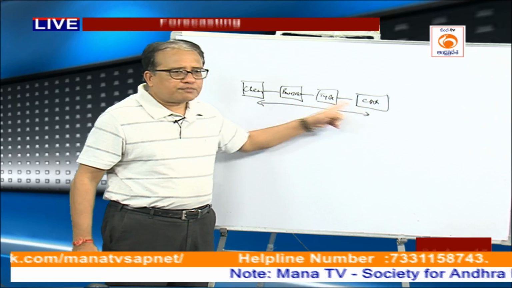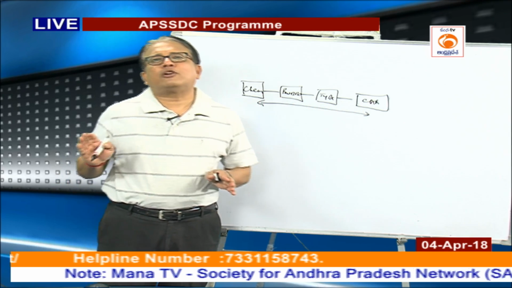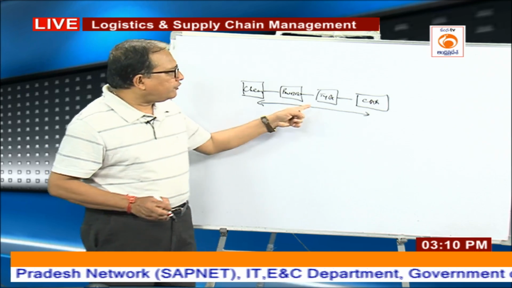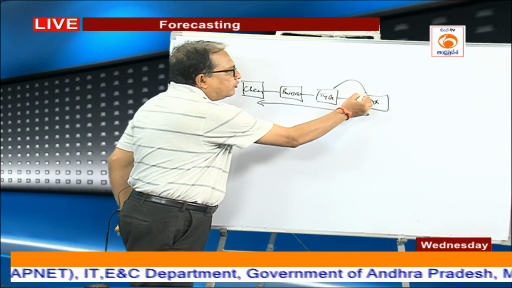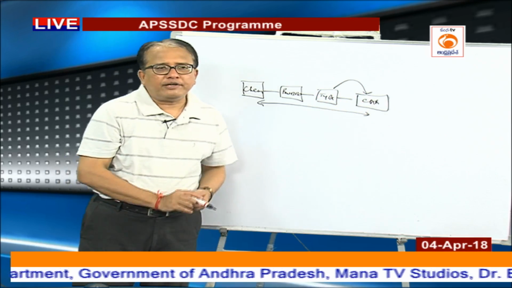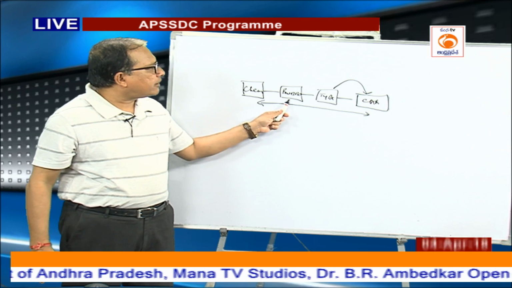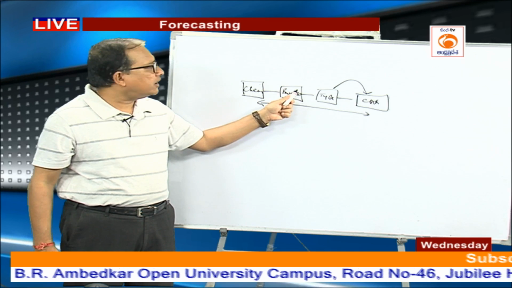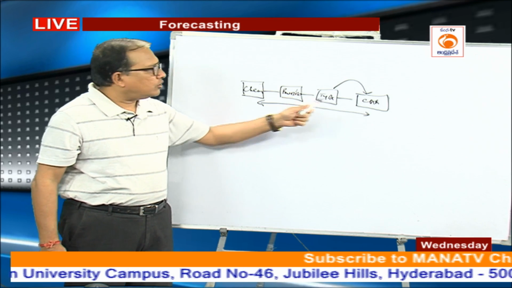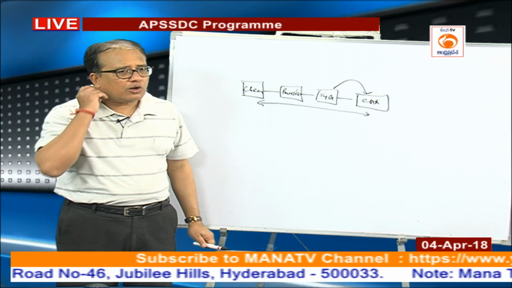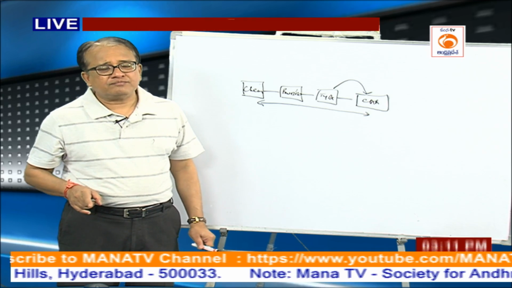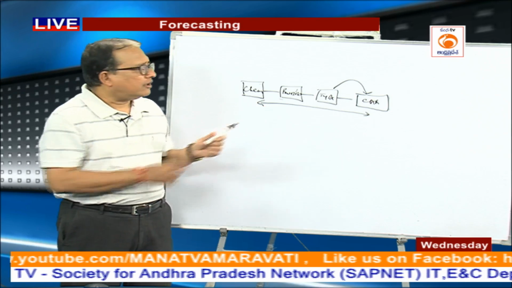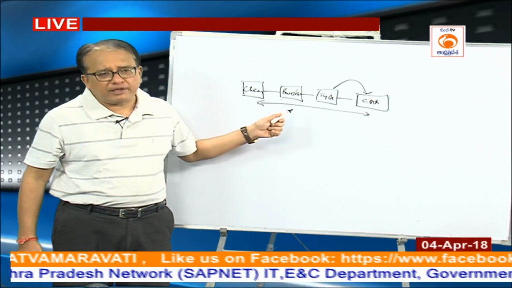All these companies are responsible for the final product that is produced. So, if you see, forecast of the tire company depends upon the car, forecast of the rubber company depends upon the tire, and the chemical company depends on the rubber. So, they all experience what is called dependent forecasting, and this is called vertical forecasting, vertical dependent forecasting.